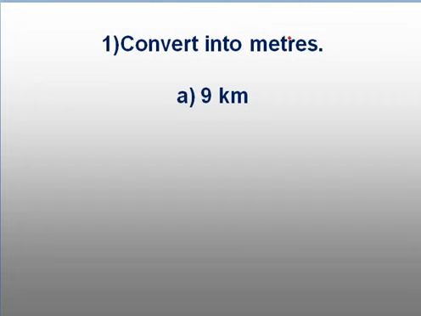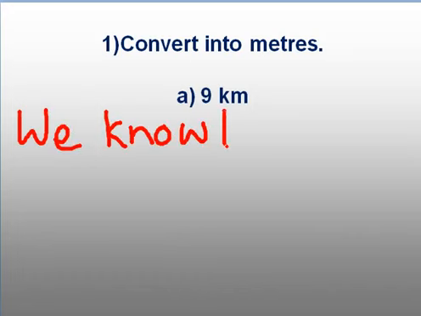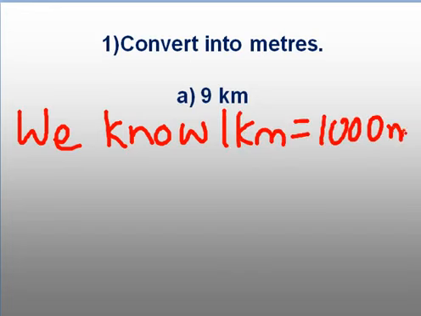Here 9 kilometers has to be converted into meters. We know 1 kilometer is equal to 1000 meter. This relation you should learn and you should know it. 1 kilometer is equal to 1000 meter.